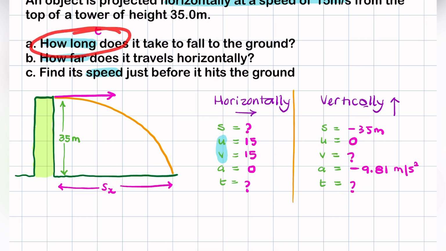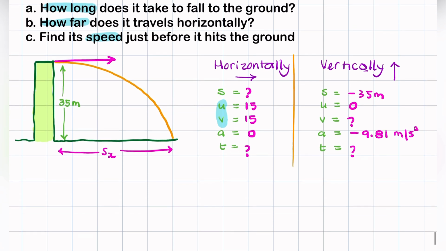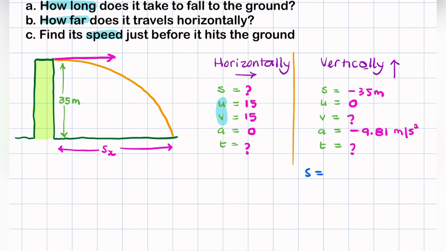So let's start with how long. It's pointless working in the horizontal direction because we have absolutely no information. All we have is velocity, and that's useless. But here we have three pieces of information, so we can find T. So we need the equation of motion that links S, U, A, T. I will say S equals ut plus half at squared.